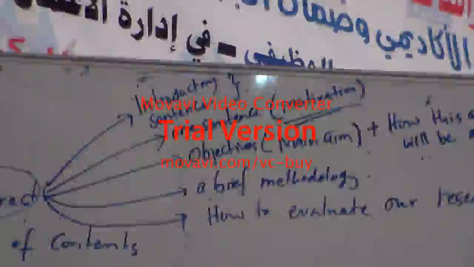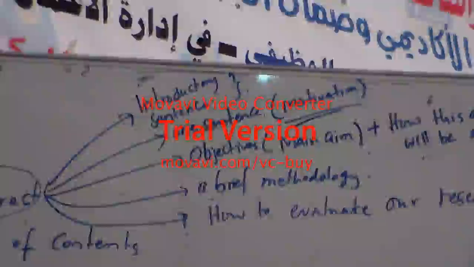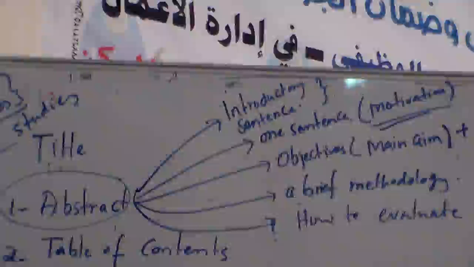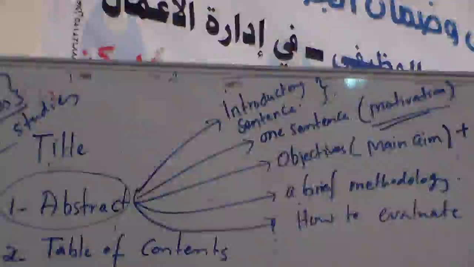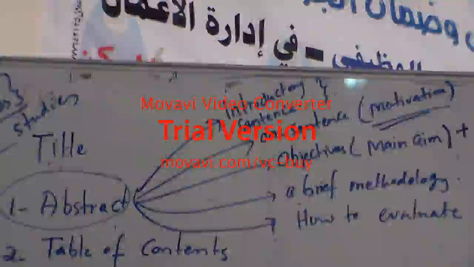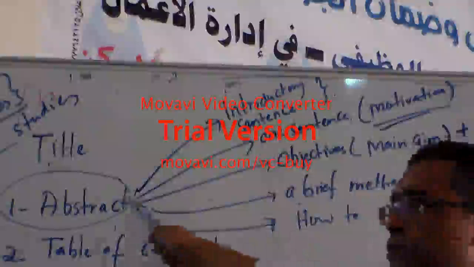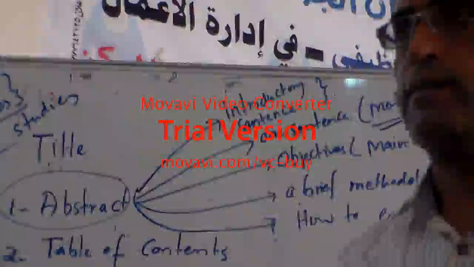And you start to do this one, and after that, you write your abstract. Or maybe you can write a draft of your abstract first, and then you will revise it continuously after chapter 1.